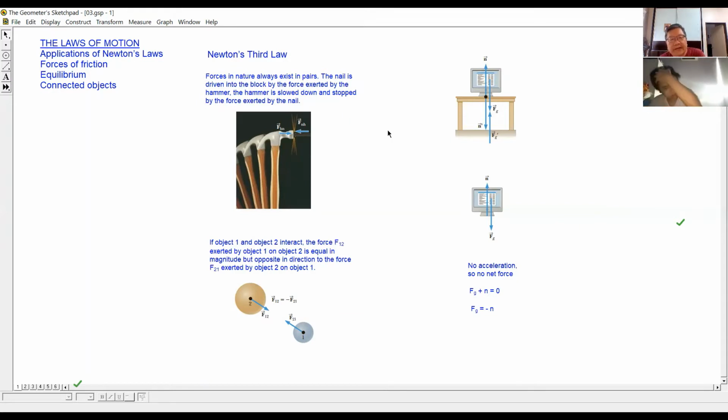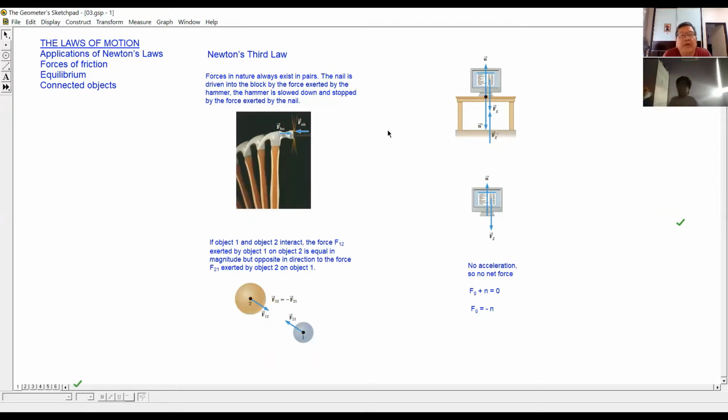So in this case, the force exerted by the hammer is called the action. The force exerted by the nail back on the hammer is the reaction. So actually, Newton's third law says the action and reaction are equal and opposite. If the hammer knocks against the nail, the nail offers a resistance to the hammer.